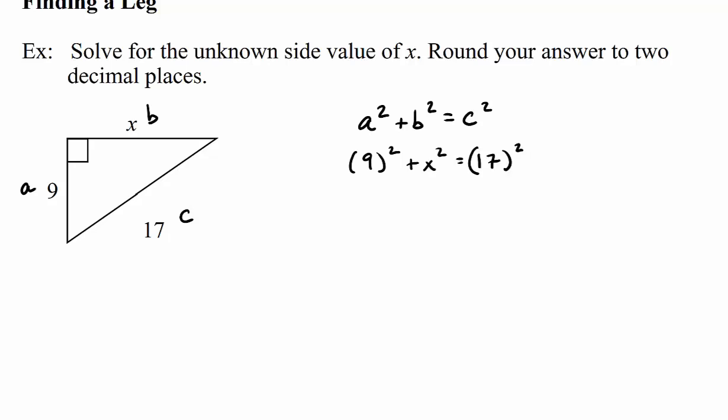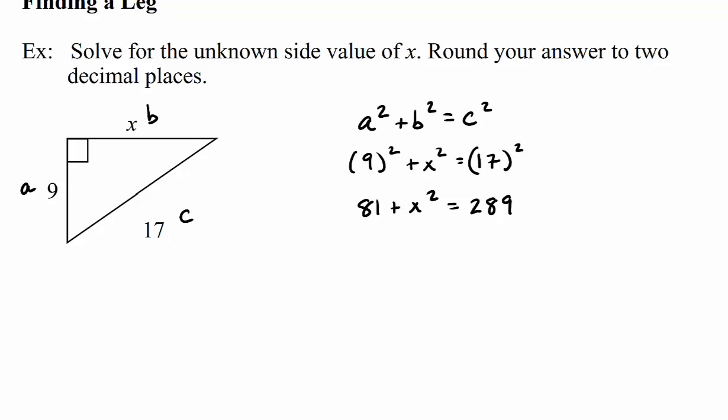Now I'm going to square all of the numbers that I can. 9 squared is going to be 81, and then we have x squared, and then 17 squared is going to be 289. Now I want to get x squared all by itself. It was by itself in the previous examples where we were solving for the hypotenuse, but when you solve for a leg, it's not. And so I need to get rid of this 81.